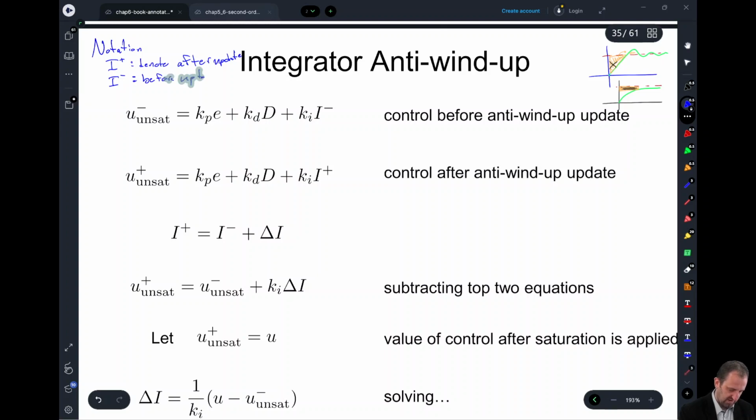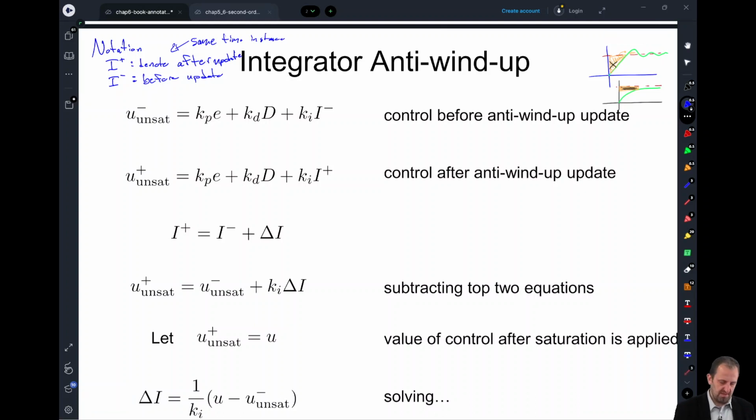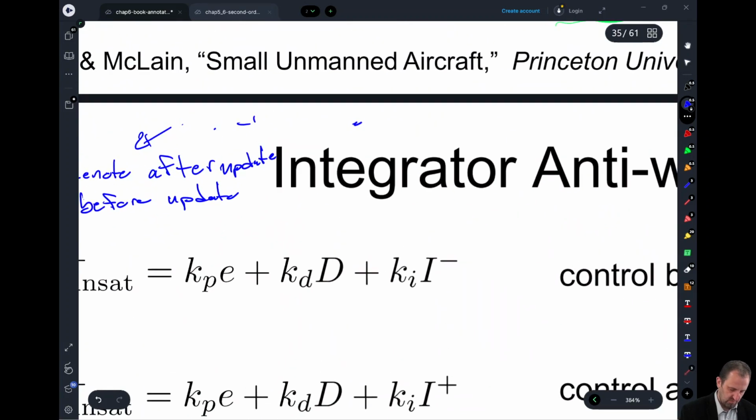Let me write that again. Before update. Note that these are both at the same time instance.